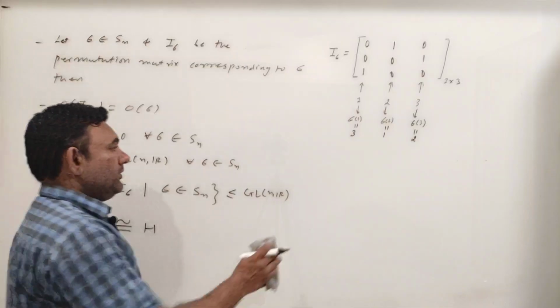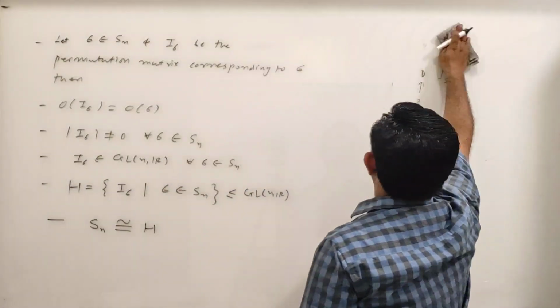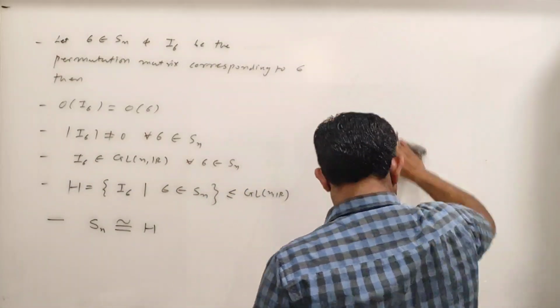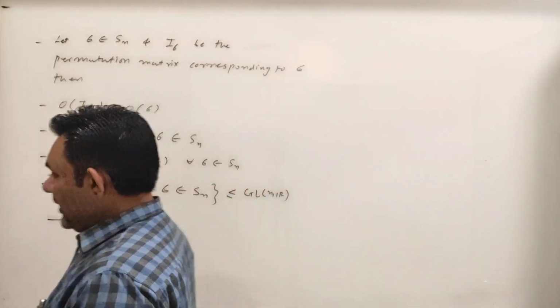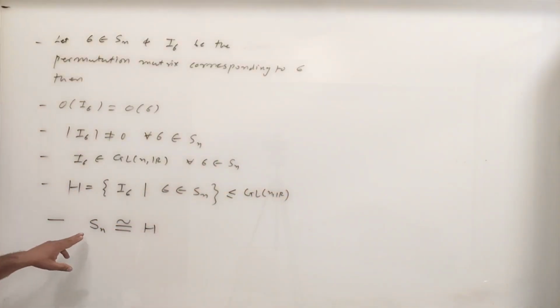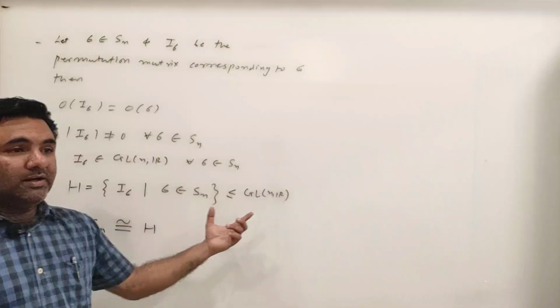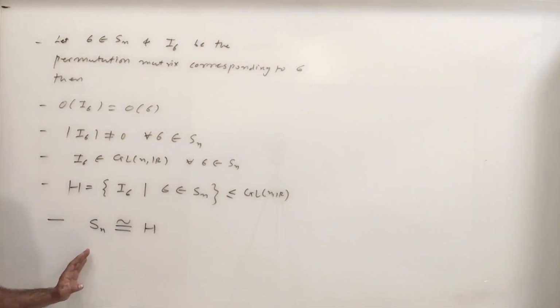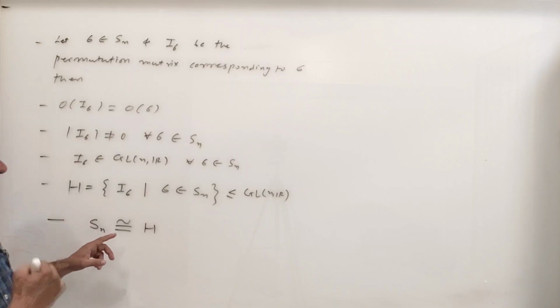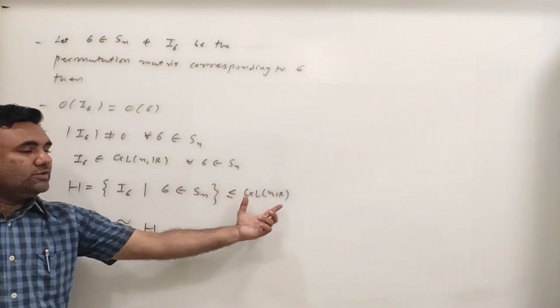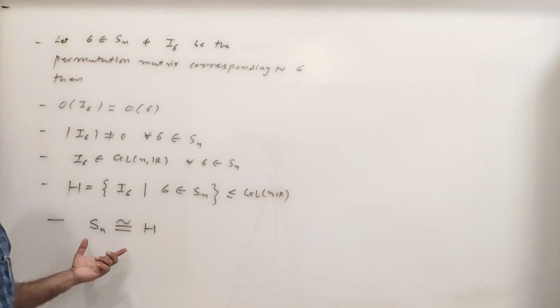So I want to state this result: for every n, Sn is isomorphic to a subgroup of GLNR.